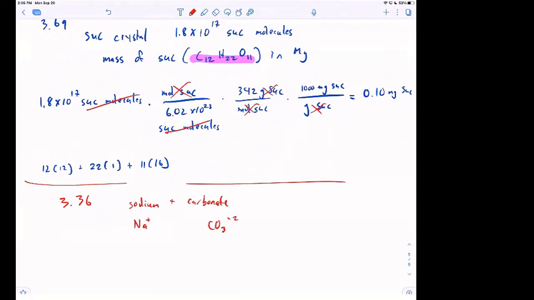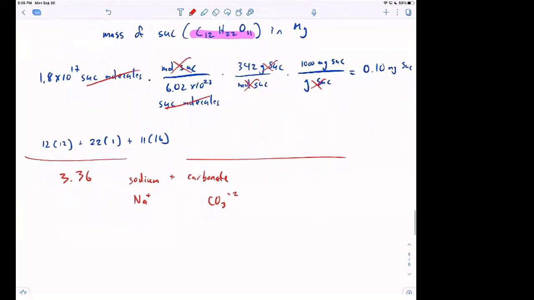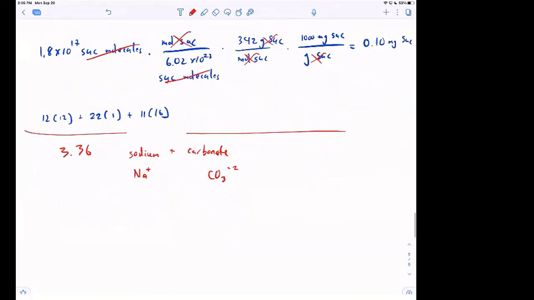So when you make a compound between these two, you have to balance the charges. If you have a +1 charge for the metal ion and -2 for the carbonate, you're going to need 2 sodiums. Oops, that's nitrogen.